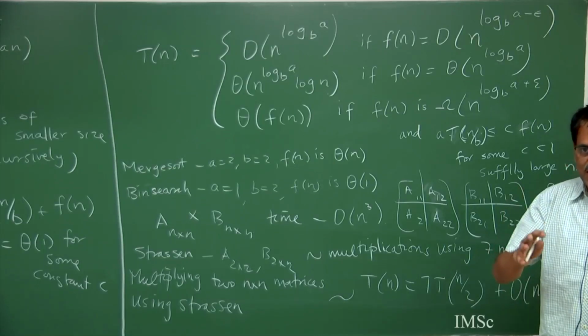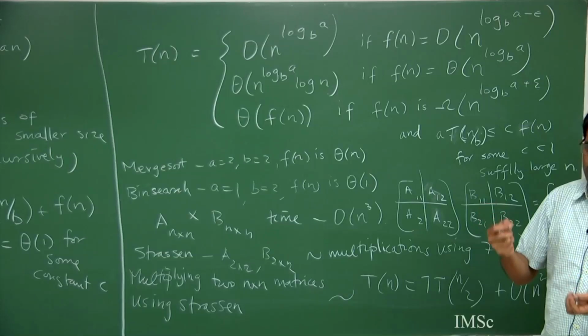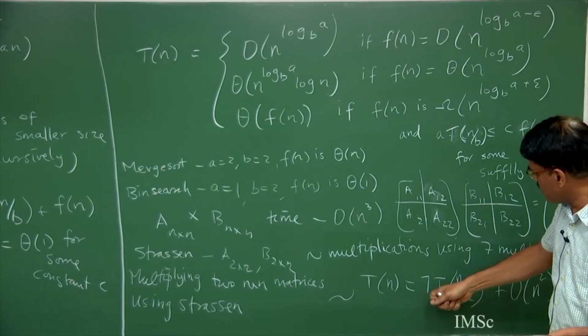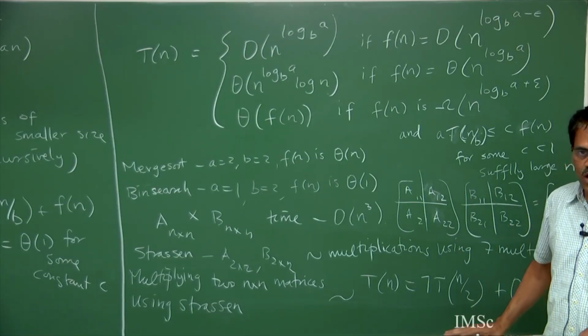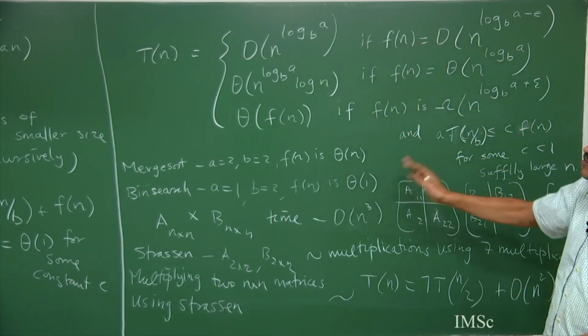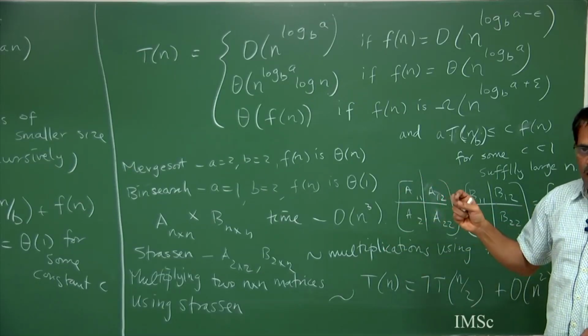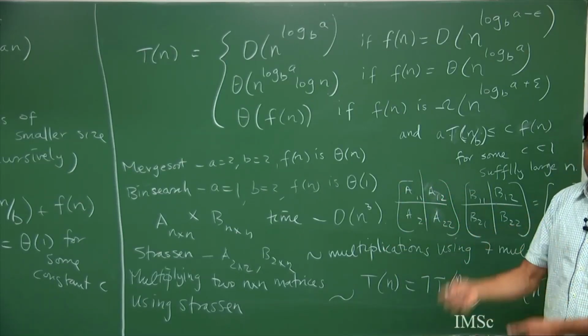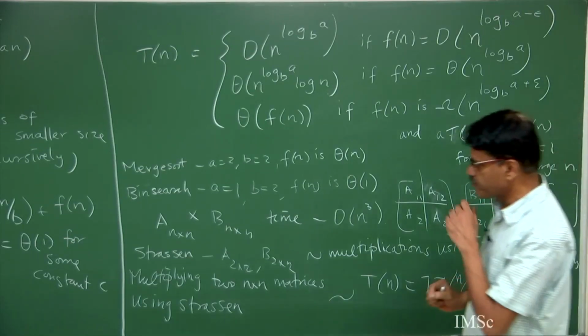You can reverse engineer this: plug it into this recurrence relation and see what happens if, instead of 7, I improve it to 6, all kinds of things. So, it is very handy to remember the solution to this recurrence relation in terms of A, B and f of n, not only to analyze algorithms, but also to design algorithms. Okay. So, that is the remark I want to make here.